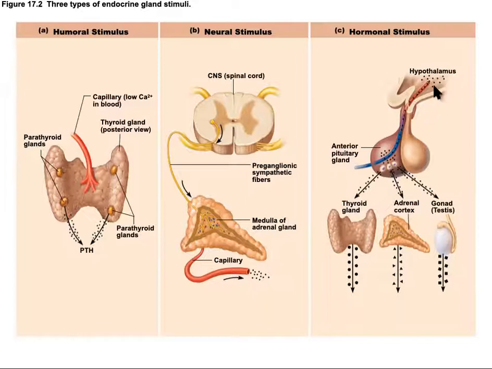This is a relationship that we will explore in more detail later in this lecture. In this example, you can see that the anterior pituitary gland secretes hormones that then stimulate other endocrine glands to secrete hormones. Similarly, the hypothalamus also releases hormones that trigger the anterior pituitary to release hormones.